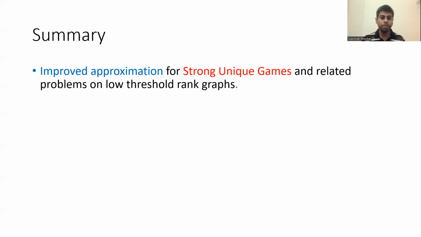I'll quickly conclude my talk by summarizing our contributions and a few open questions. So the main contribution of this work is that we show that we can get improved approximation for strong unique games on low threshold rank instances.